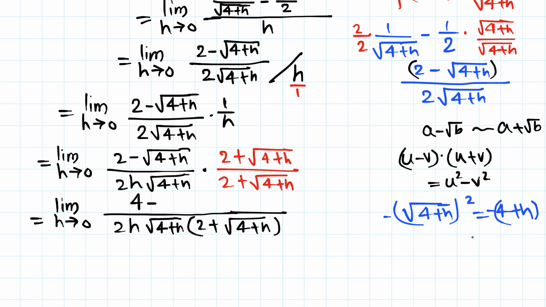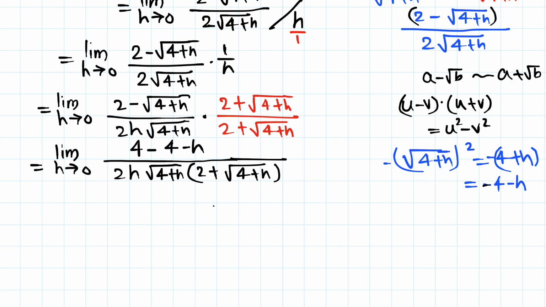We need to distribute, this becomes negative 4 minus h. Okay, now on the top, 4 and negative 4 make 0, so negative h, this is negative 1 times h over this one. So let's write one step and we are done.